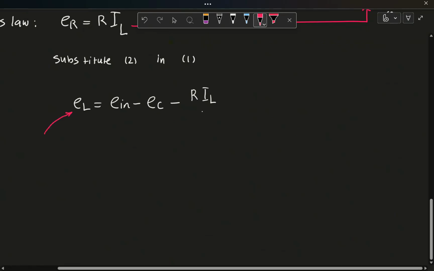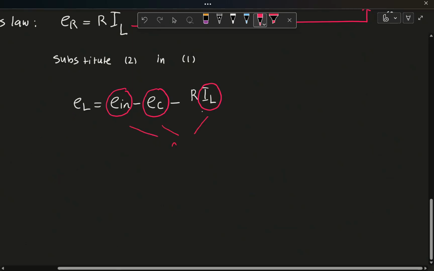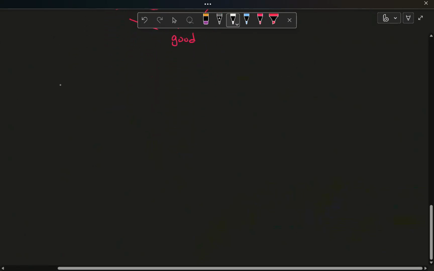The purpose was rewriting EL as a function of good terms. Yes, EN is already a good term. It's my source. EC is my dynamic variable. It's a good term. IL is a good term. And R is a constant. I don't care about R. Okay, so with that in mind, I have written EL in terms of my good terms. So let's call this equation 3.